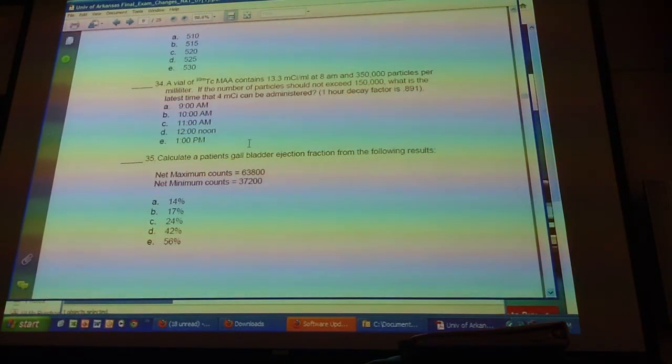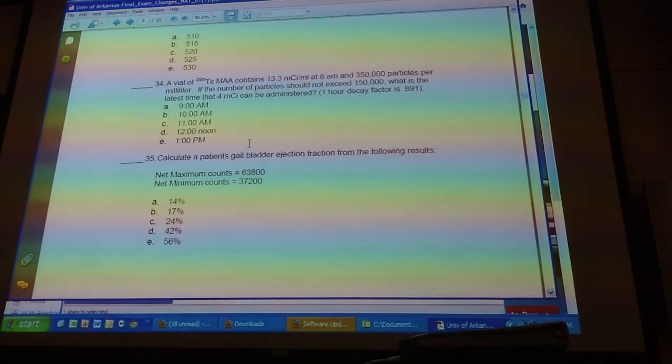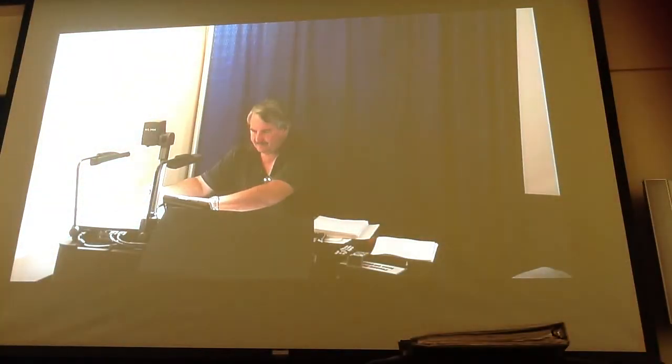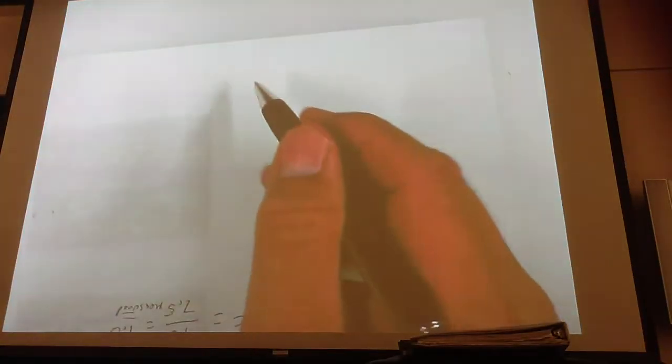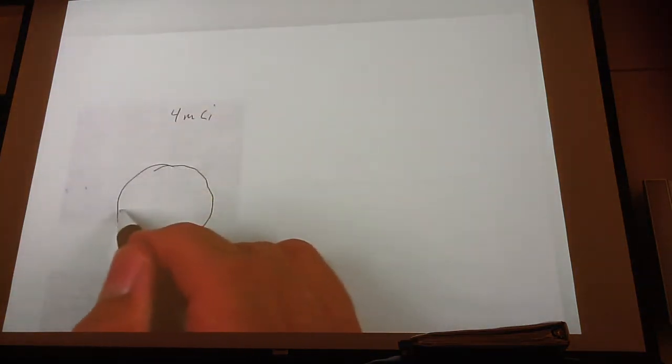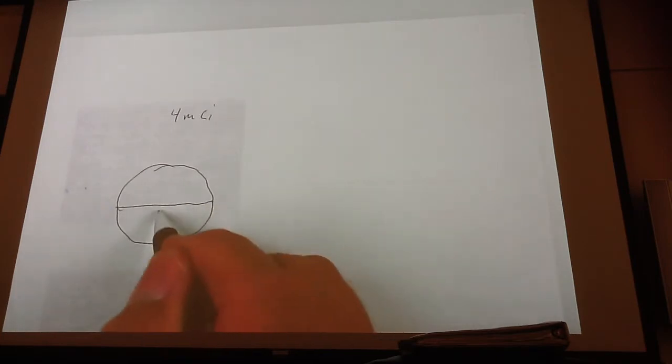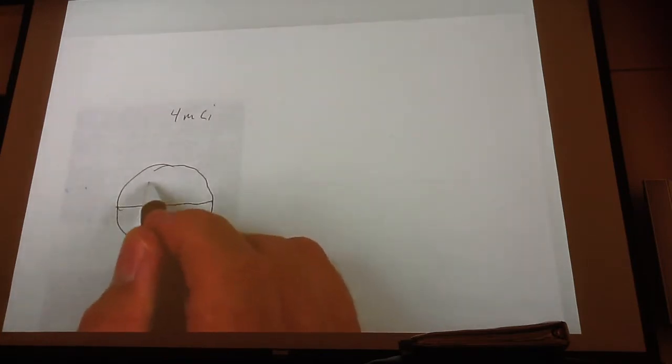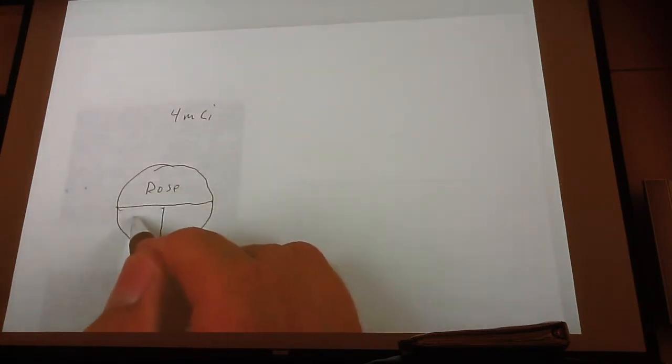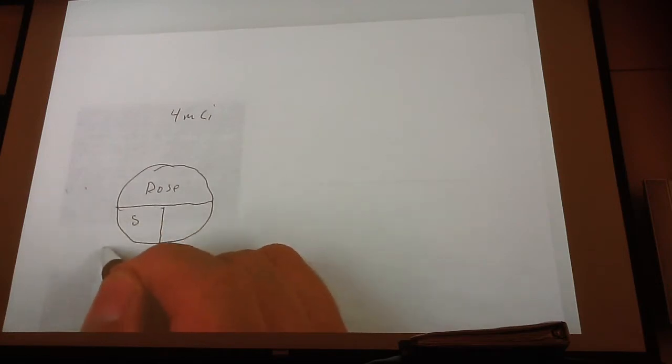Let's see here. The first thing you would have is 4 millicuries, and we're going to use our equation here to determine the number of ml. So here's dose, strength, which is the millicuries per ml, and then volume.